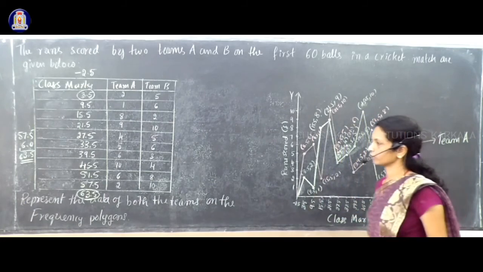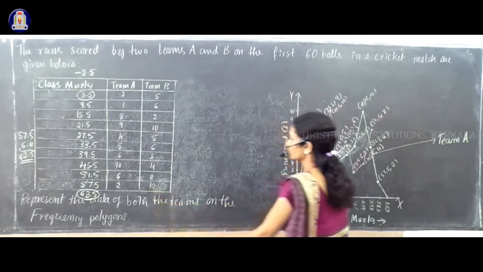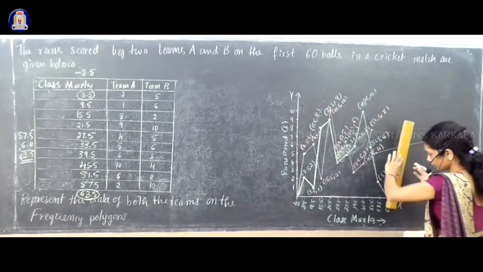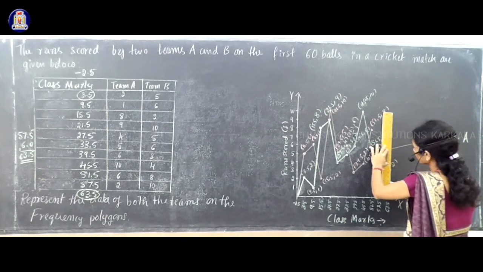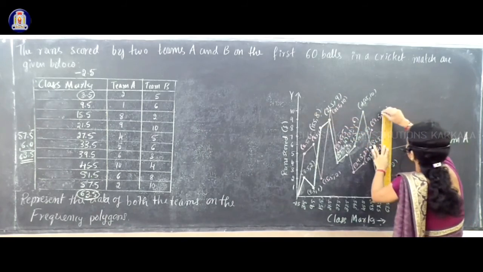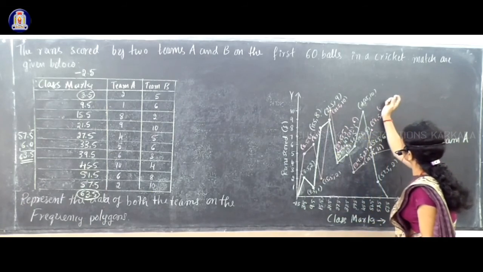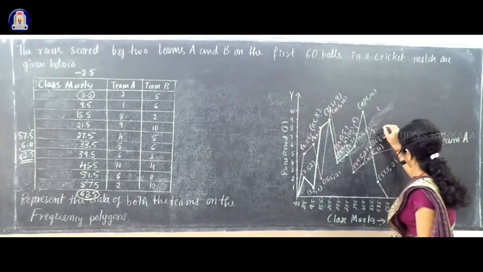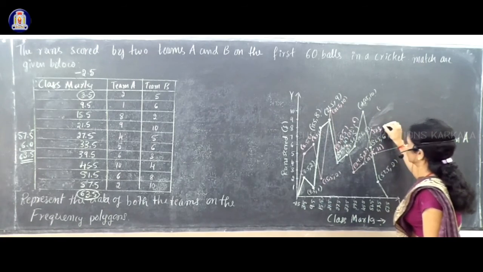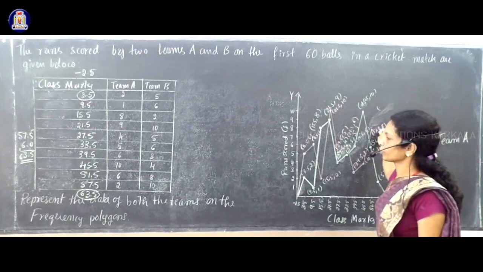And next, the last one in that is 57.5. That frequency is 10. So at 57.5 you have to move up to 10, that is here. The previous point is 51.5, 8.